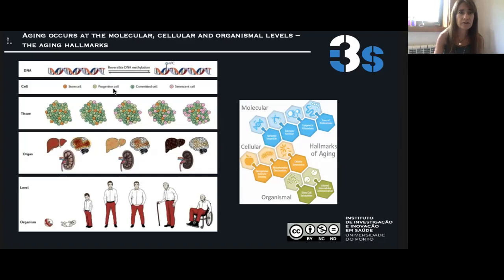As you can see here, the senescent cells are represented in pink and they accumulate during aging, having a paracrine signaling in the neighbor cells. At the organismal level, the chronic low-grade inflammation associated also with cellular senescence leads to stem cell exhaustion and to altered intercellular communication.